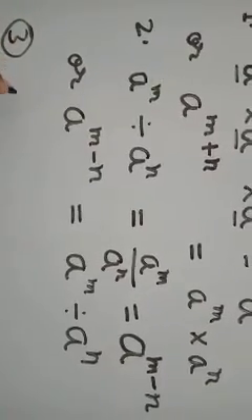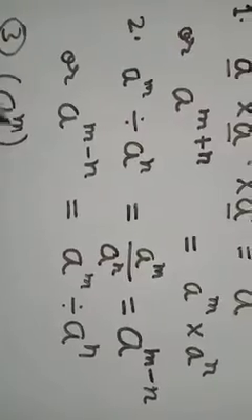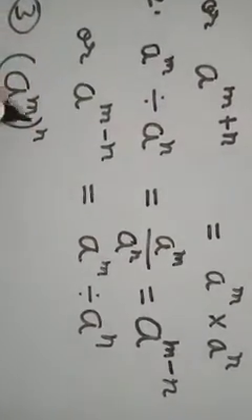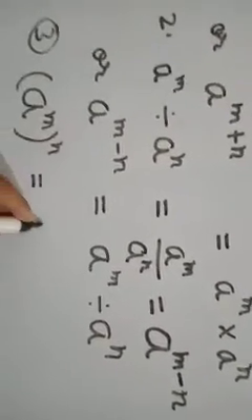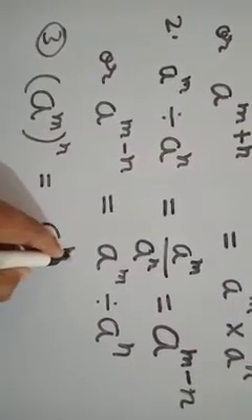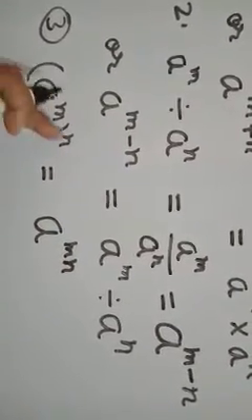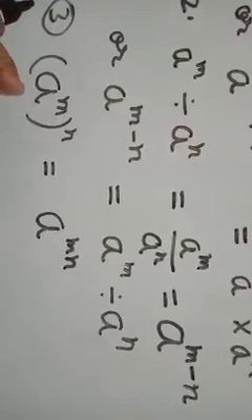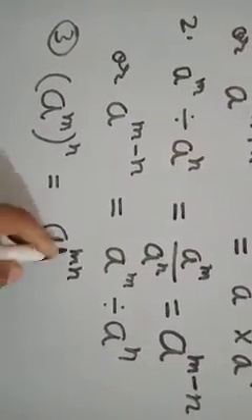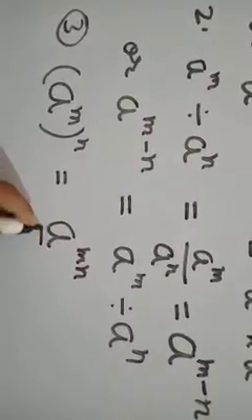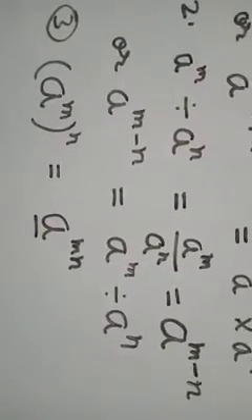Third is a raised to the power m whole power n, the power of a power. This is noted like this: a raised to the power m into n, the product of powers. When a raised to the power m is raised to the whole power n, we have to multiply all these powers with a common base. Here is the sign of product: m multiply n.